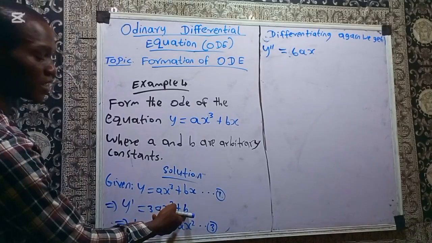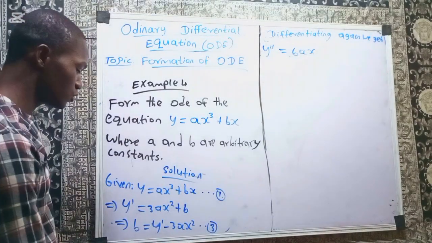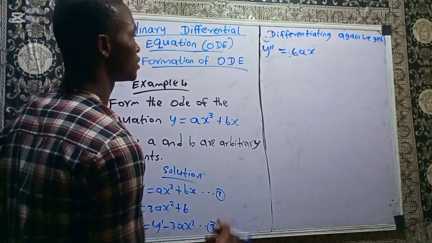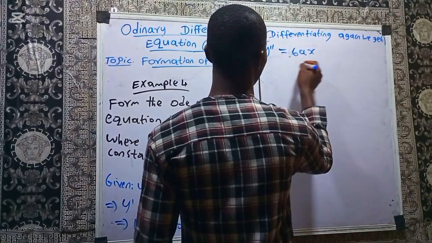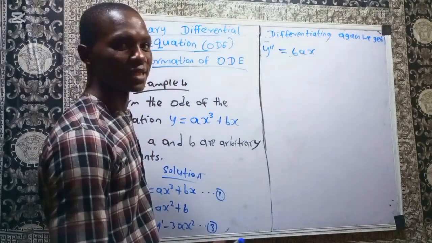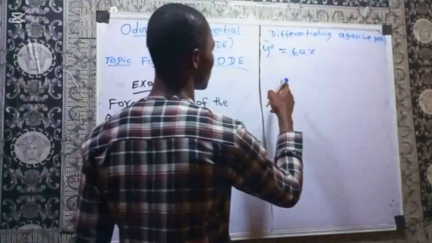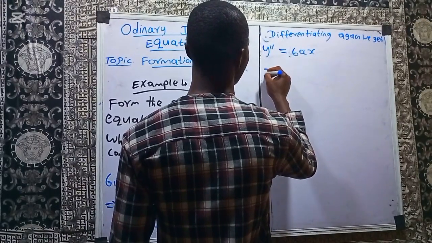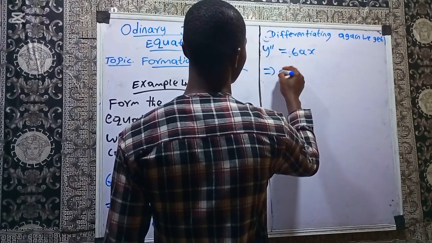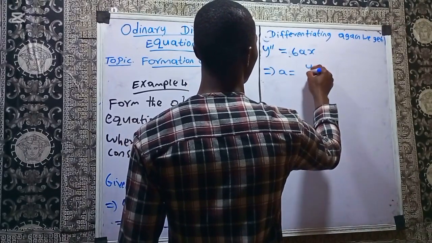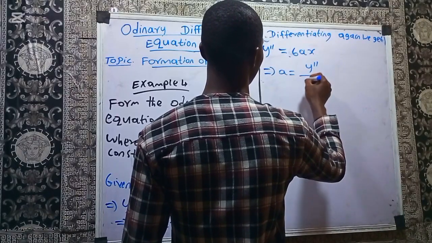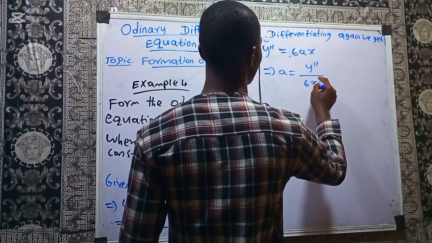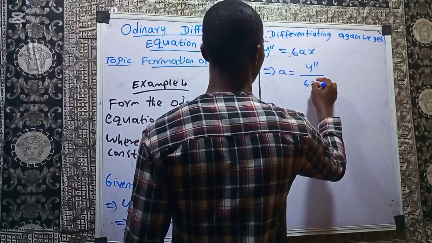So then if you differentiate the constant b, you get 0. So this is what we have, and with this I can make the second constant, a, the subject of the formula. This implies that my a will be equal to y prime prime divided by 6x.